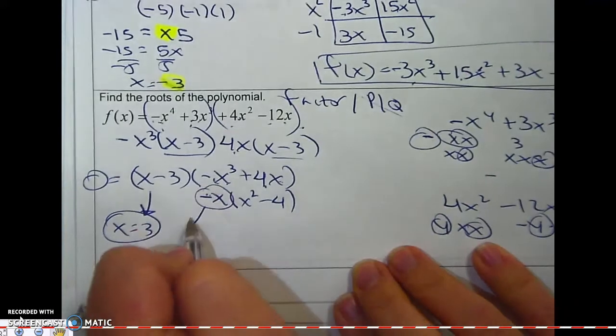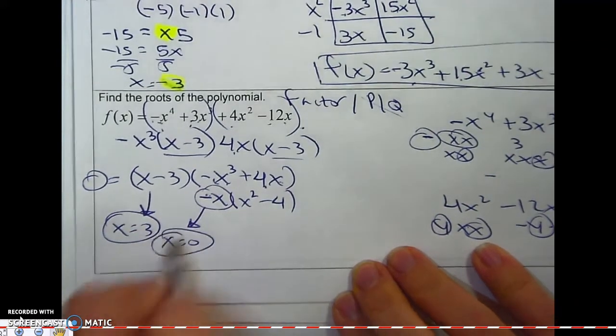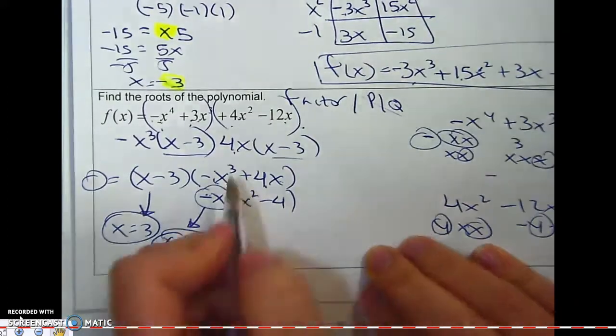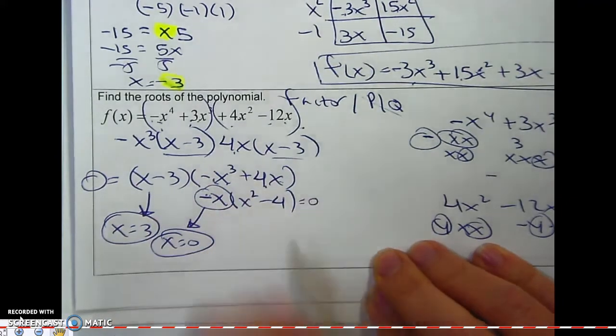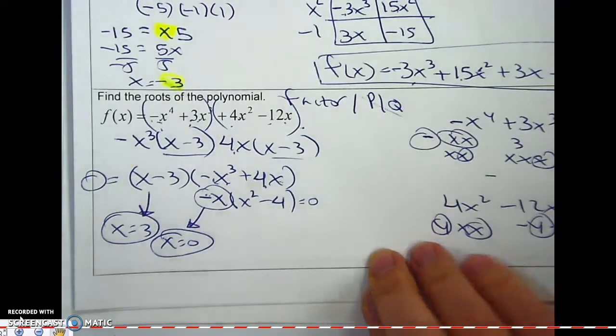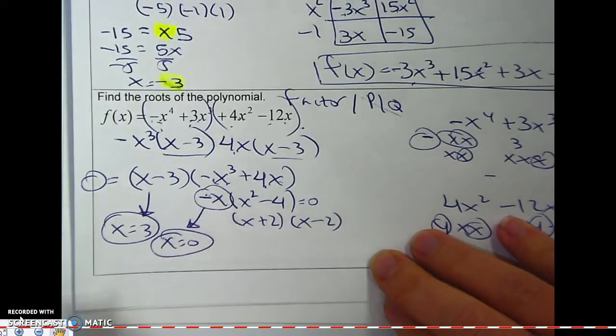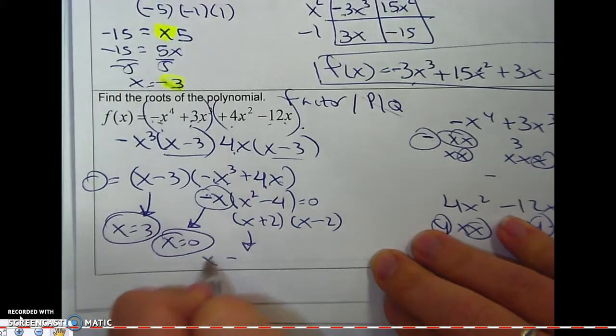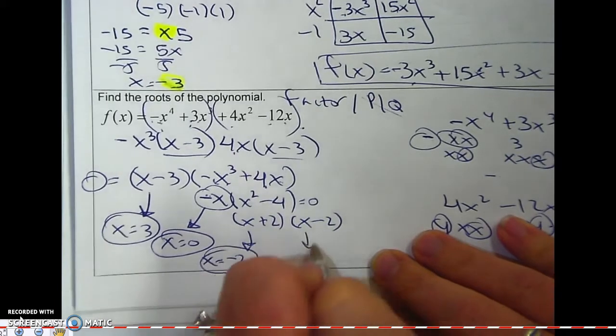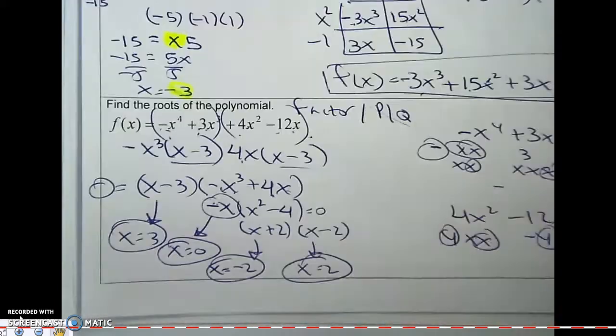Now I'm left with another x. X equals 0. X squared minus 4, I can just set that equal to 0, add 4, square root, plus or minus 2. Or I can square root it like this, and I get x equals negative 2, and x equals positive 2. Okay? So there I have my 4 answers.